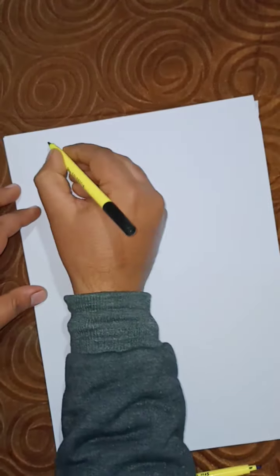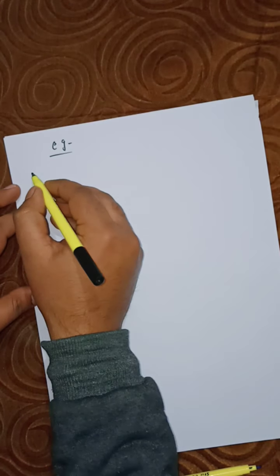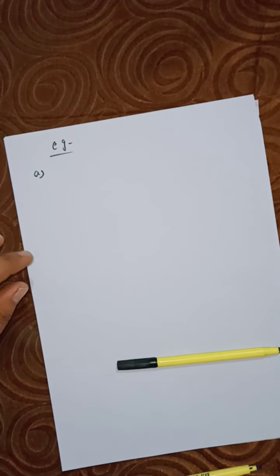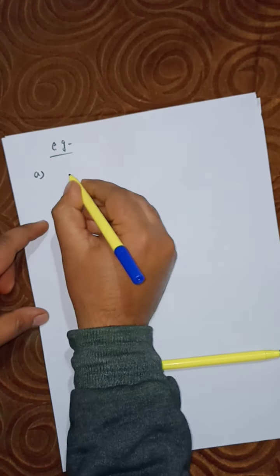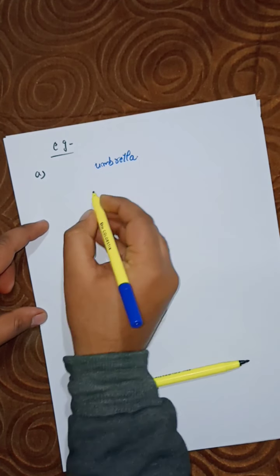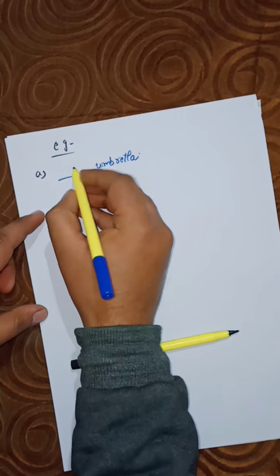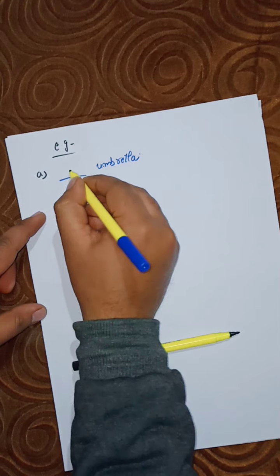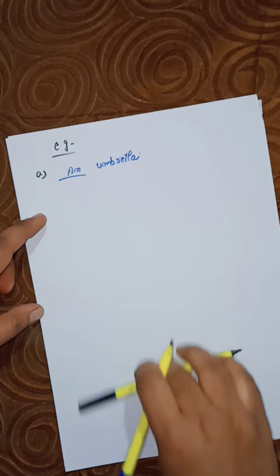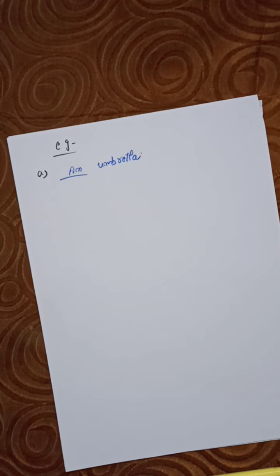So let's see some examples related to our first rule. Example number one: dash umbrella. What will we use here? We use an here, because it sounds like a vowel.